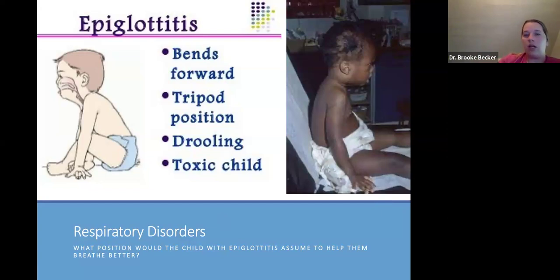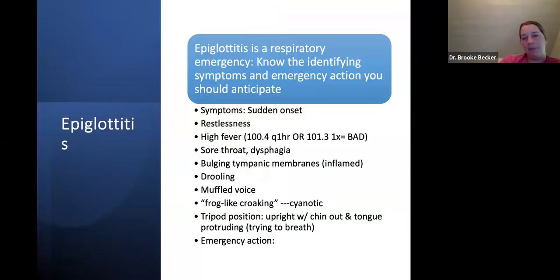They're trying to lean forward, get in that tripod position to try and get as much air into their airway as possible. And this is an emergent scenario. Usually they need intubated, and a lot of times intubation is not able to be performed quickly enough, so they may need a temporary trach placement, and they're given steroids. Okay.